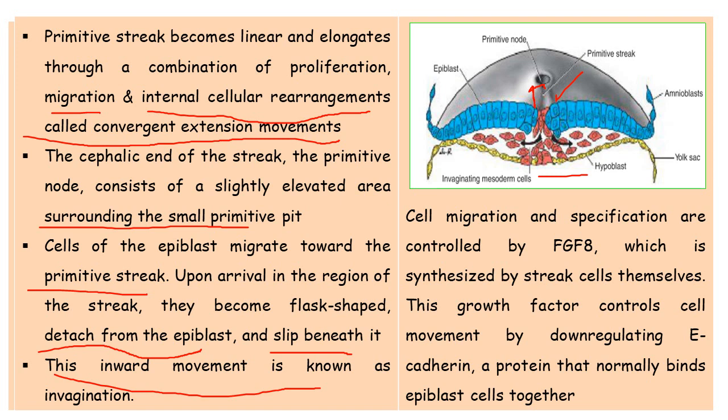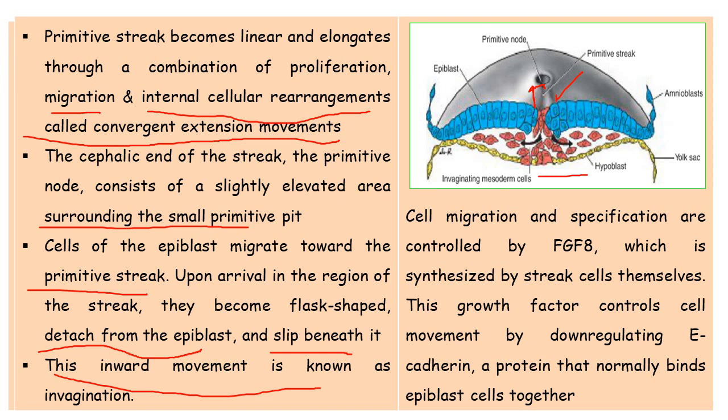So cells from the epiblast will move from here and will make another layer we call embryonic endoderm, and this embryonic endoderm is formed by the displacement of the hypoblast layer which is present below the epiblast.